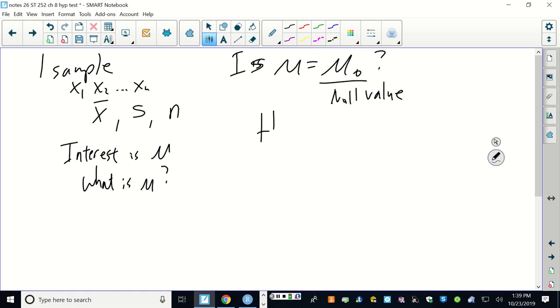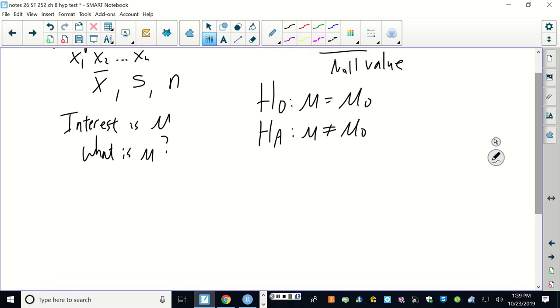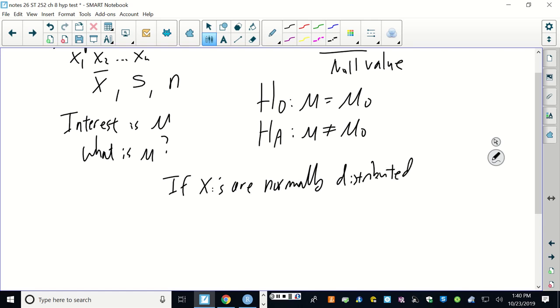So we set up null hypotheses there. Is mu equal to mu sub 0 versus an alternative? Is mu not equal to mu sub 0? Again, you could have it larger or smaller depending on how you phrase the problem. And if the data are normally distributed, the xi's really are normal, right?